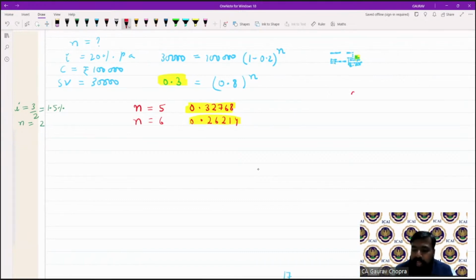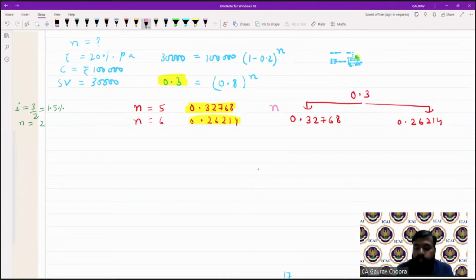So we can do a simple average here: 0.3, here 0.32768, and here we can write 0.26214. Now here n was 5. The value of n is clearly more than 5. So we can write n is equal to 5 plus.